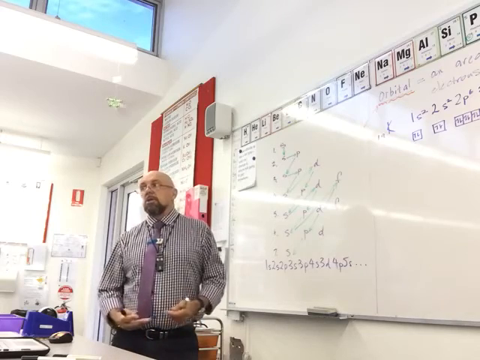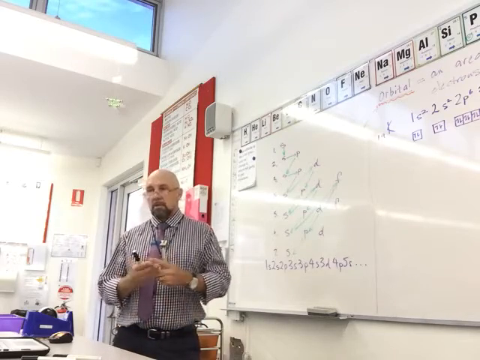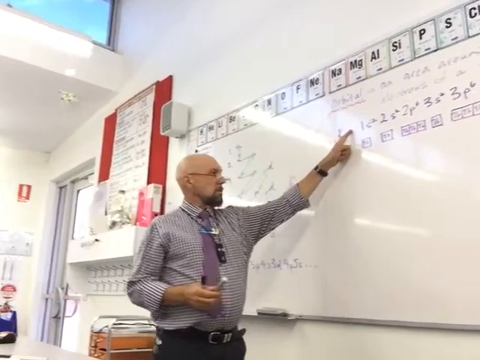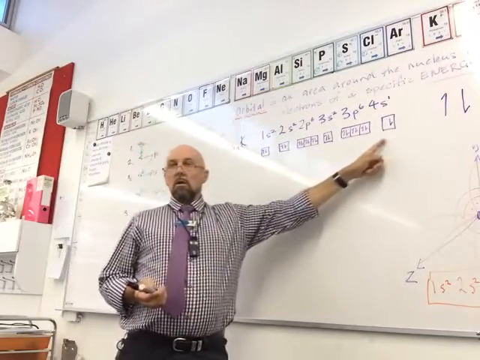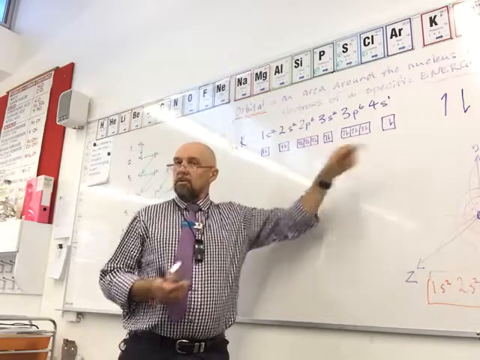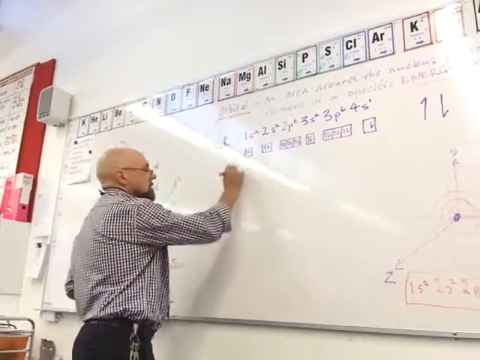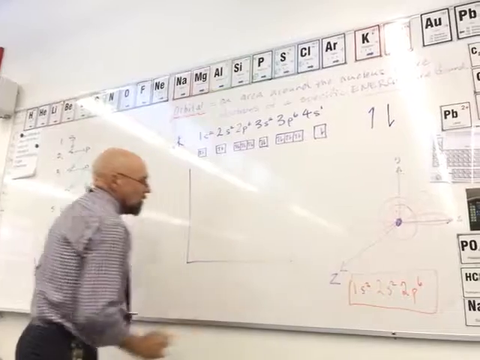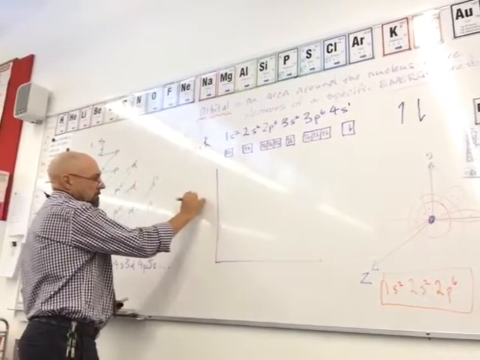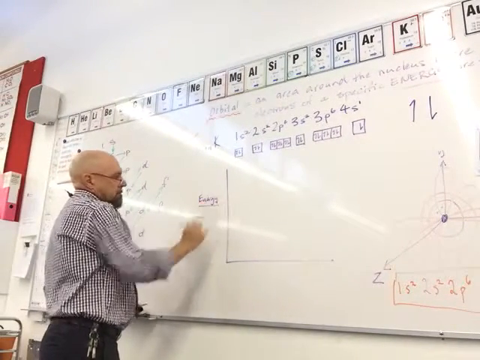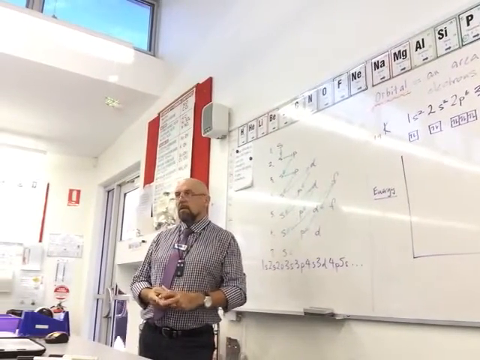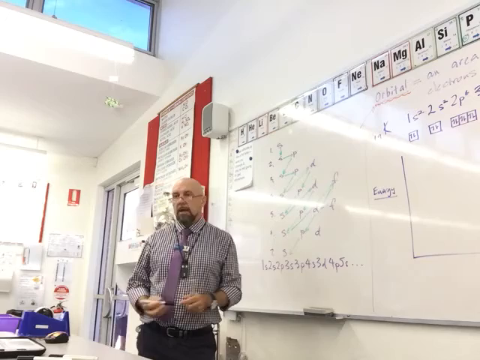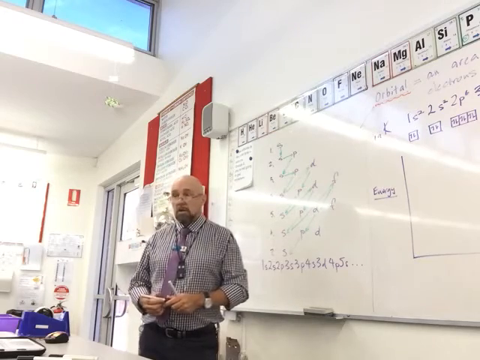I told you I was going to do it 3 ways. Number 1 is the straight sequence. Number 2 is the picture of what it looks like when we put them into orbitals. And the third method is what we call the energy diagram. How do the electrons fill into the orbitals? There are various diagrams that you'll see that show you that.